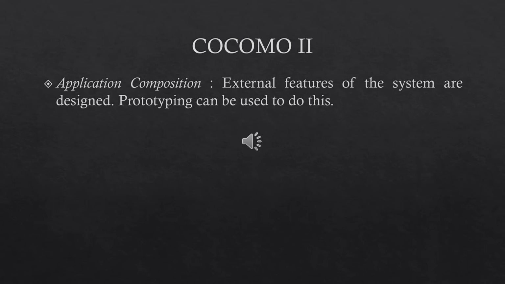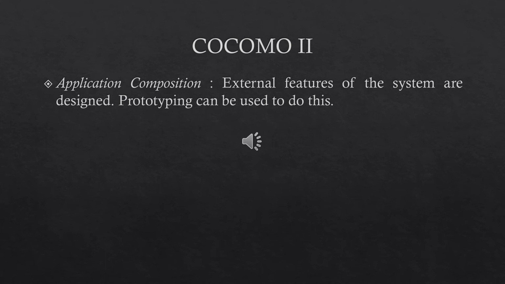The new models take into account that there is now a wider range of process models in common use for software development projects than in the late 1970s and early 1980s. Estimates are required at different stages in the system lifecycle, and COCOMO II has been designed to accommodate this by having models for three different stages.